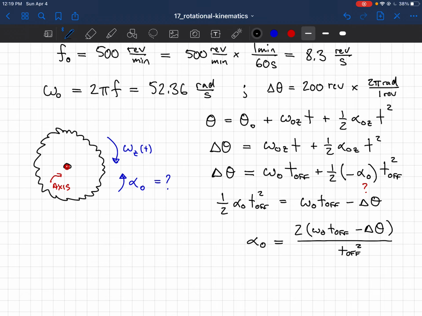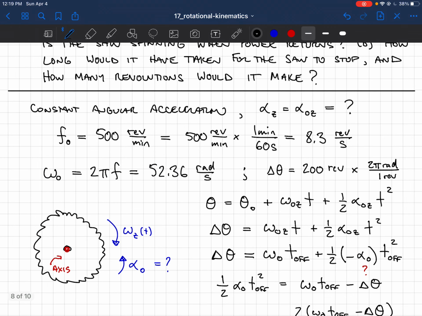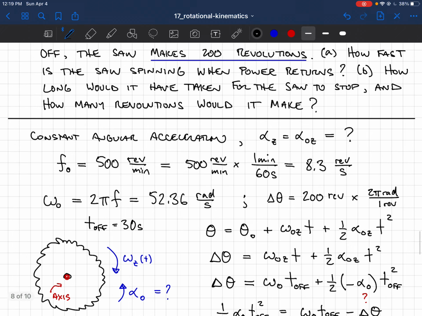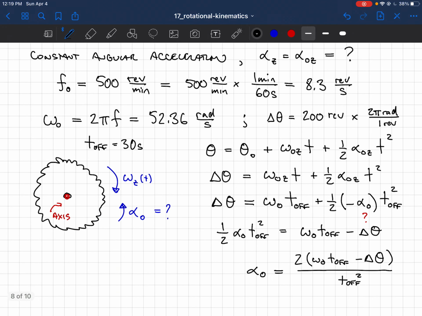So I should be able to plug that into my calculator now. We have 2 times parentheses omega naught, which we found as 52.36, multiplied by t off. t off was given as 30 seconds. That was given in the problem. So times 30. Then I subtract off the total number of radians that it went through.